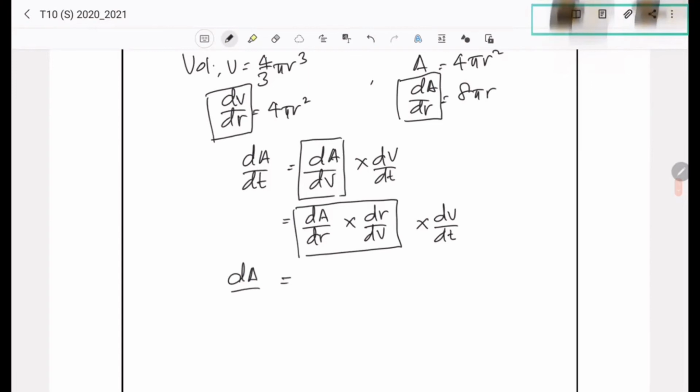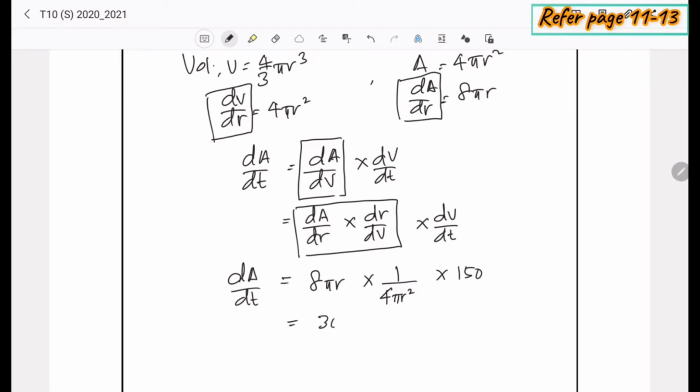So dA/dt, that will be dA/dr, which is 8 pi r, times dr/dV, so that is 1 over 4 pi r squared, times dV/dt, given just now as 150. So simplify, we get 300 over r.